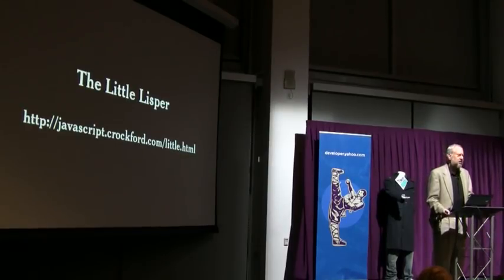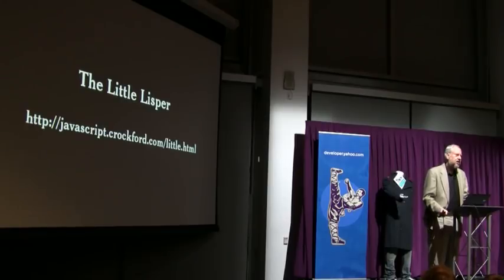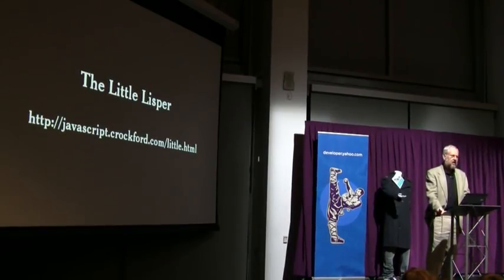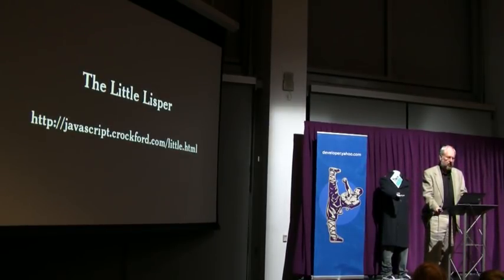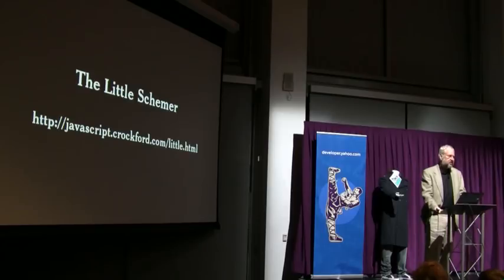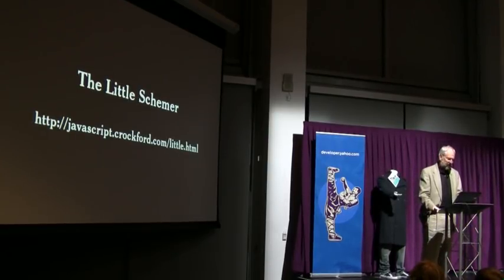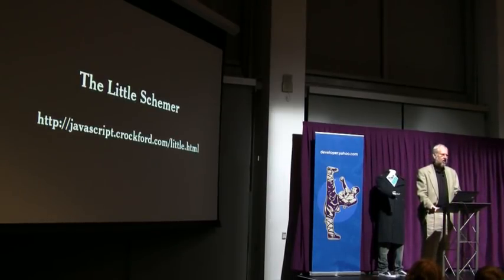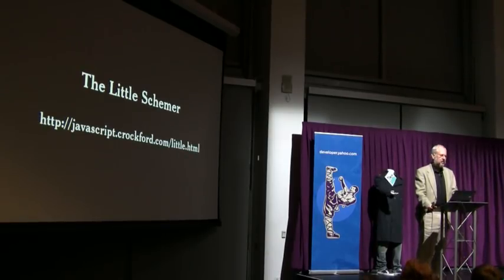The reason I was able to discover that JavaScript had good parts was because I knew something about functions. And the place where I first learned about functions was in a little book called The Little Lisper, which I highly recommend to you. The current edition of it is called The Little Schemer. It was updated to be about Scheme. It's not really about Scheme. There isn't very much Scheme in the book. It's mostly about functions, and it's really, really good.